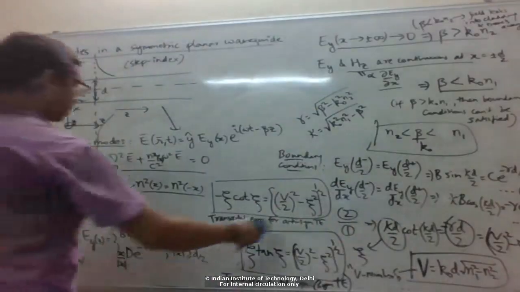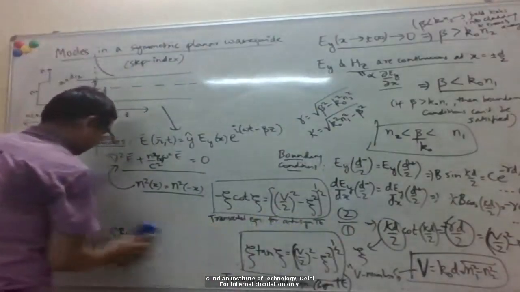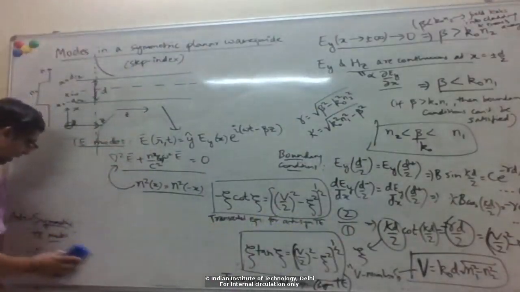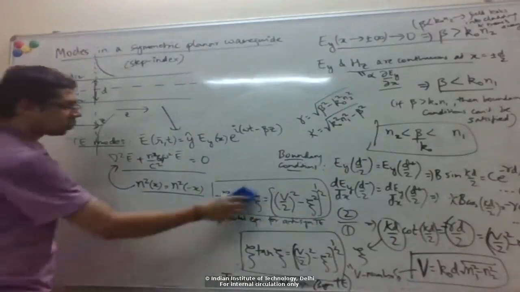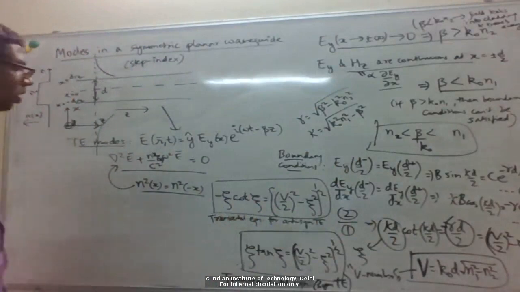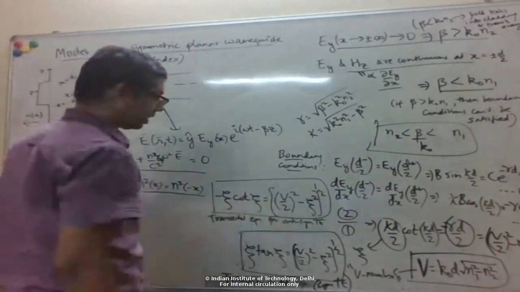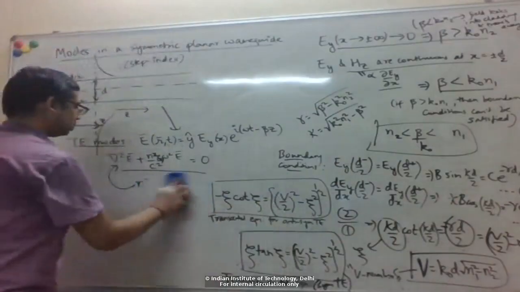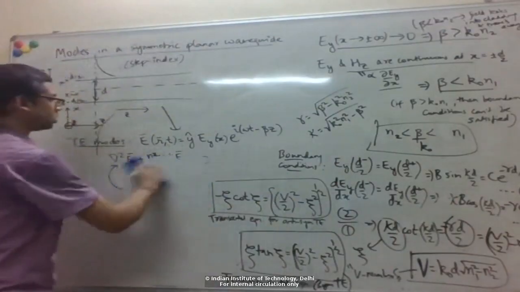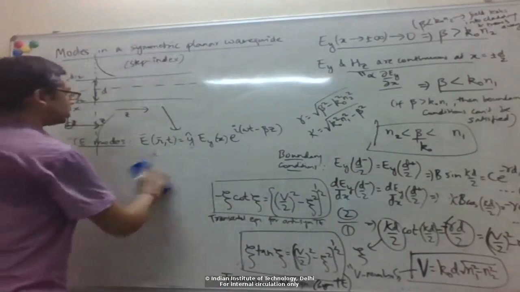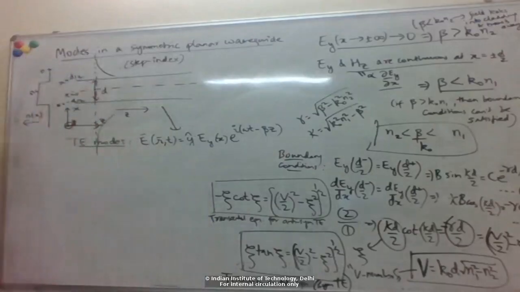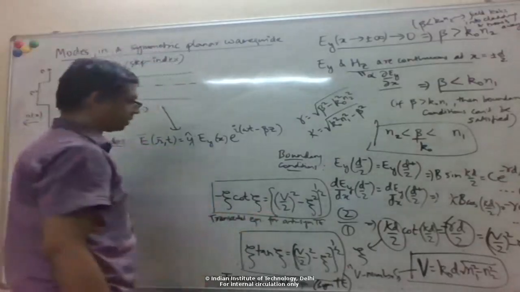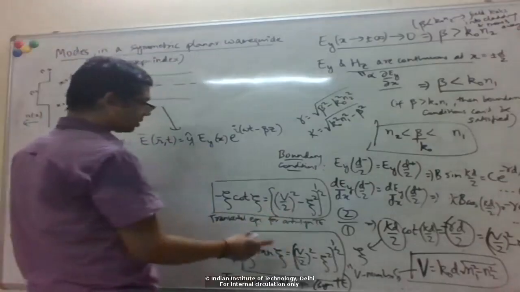Okay, so how do we solve this? There's no analytical solution to these kinds of transcendental equations. So either you solve it numerically on a computer, or we can get some idea by looking at the solutions graphically.